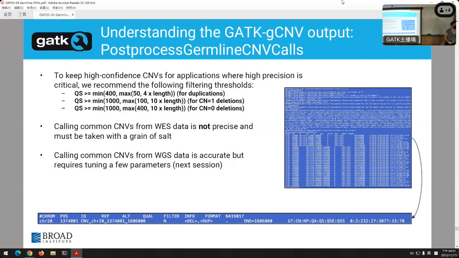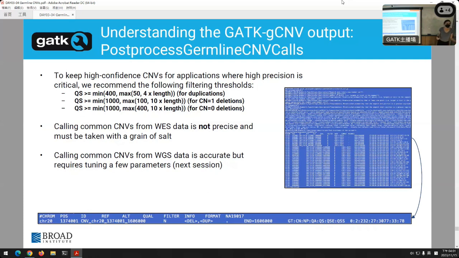GCNV is actually aimed at finding rare copy number variants in exomes because the whole exome data, the read count is really kind of too messy to accurately call common CNVs. And so GCNV is not tuned to be able to do that.